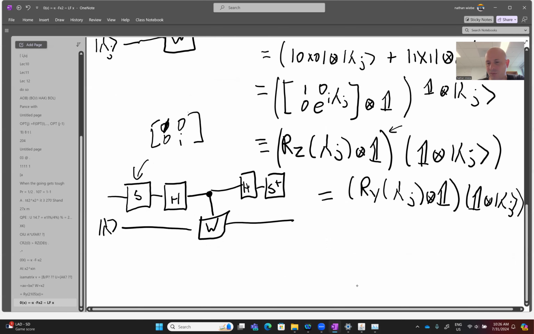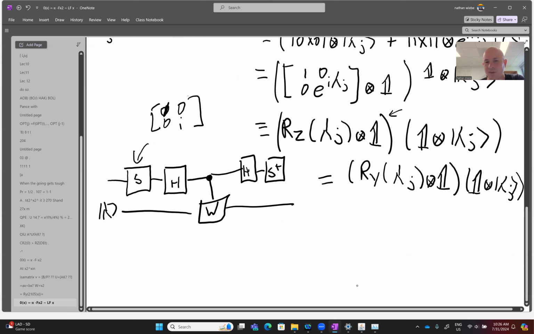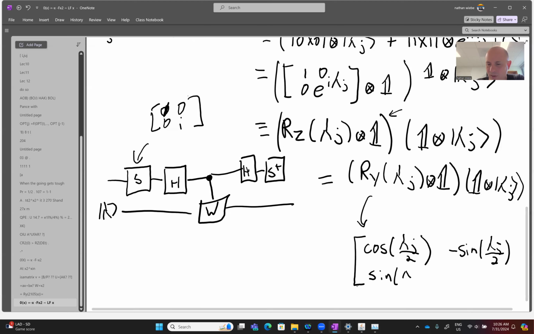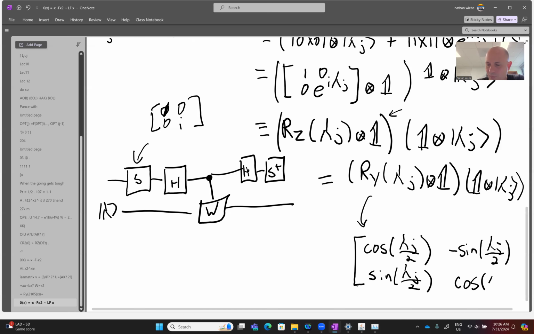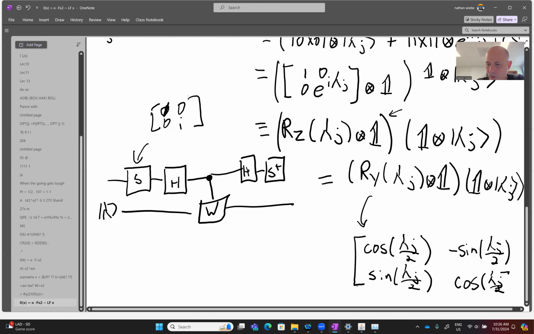And just to put it into perspective about what this would boil down to, if we computed these elements here, this would be cosine of lambda j over 2, minus sine lambda j over 2, sine lambda j over 2, cosine lambda j over 2.